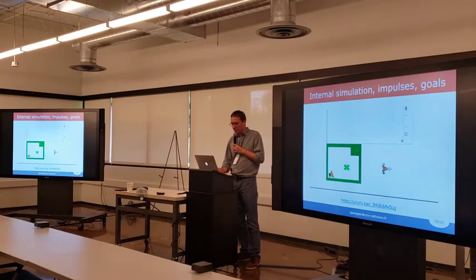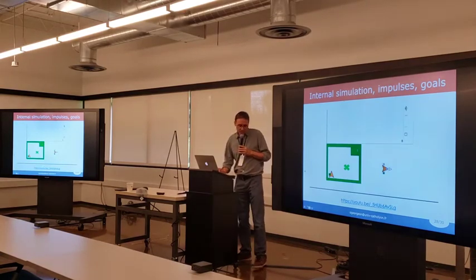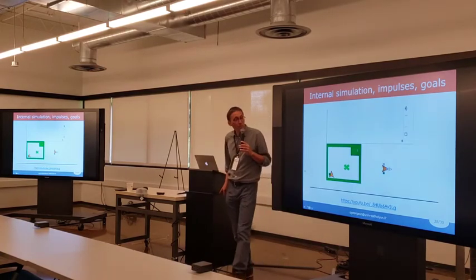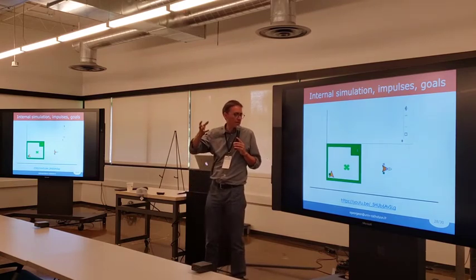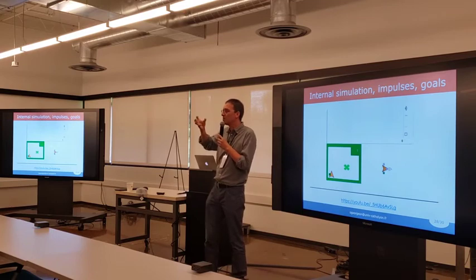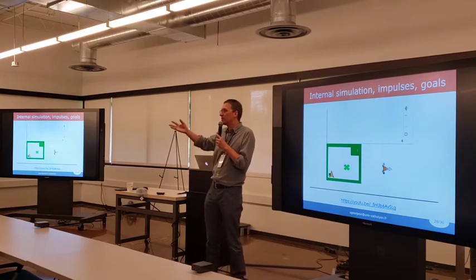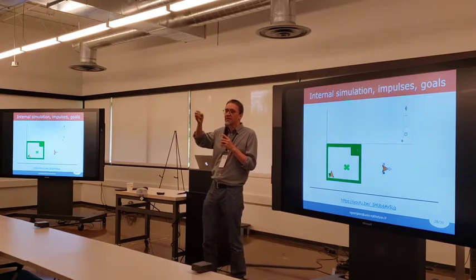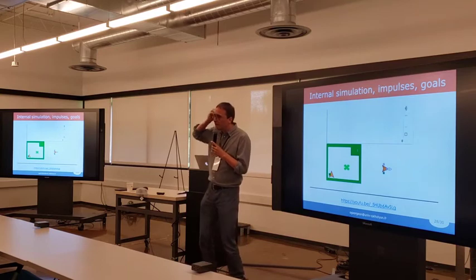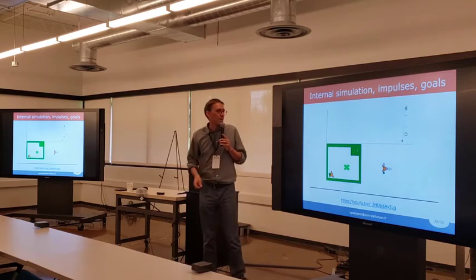Okay, and I wanted to talk about internal simulation and the relation between impulses and goals. What we implement with this mechanism is the impulse to react to an affordance. The agent detects a possibility of interaction, and it has this mechanism that just activates the behavior that responds to this affordance.